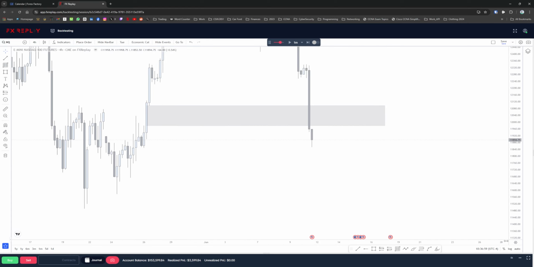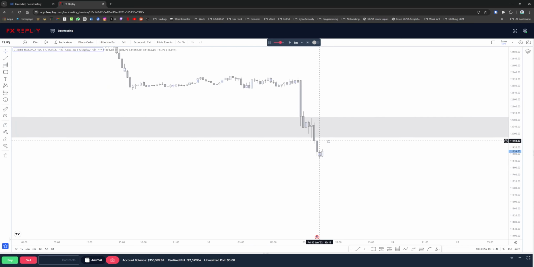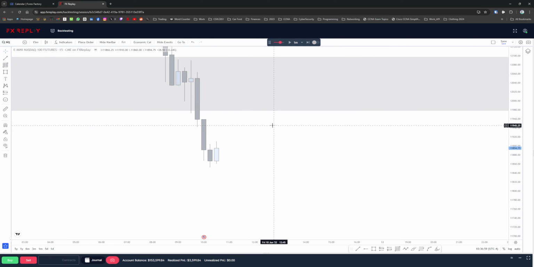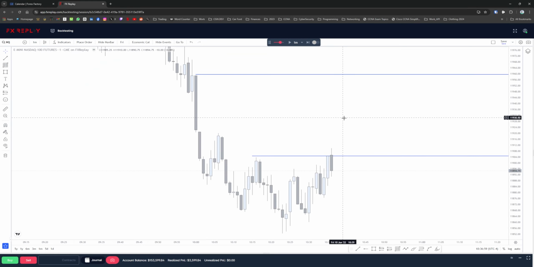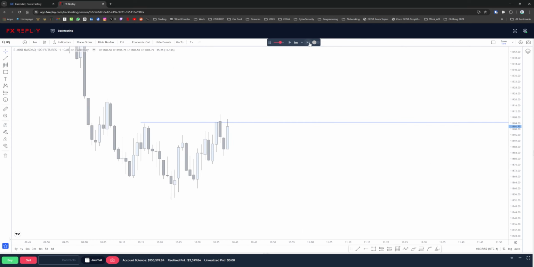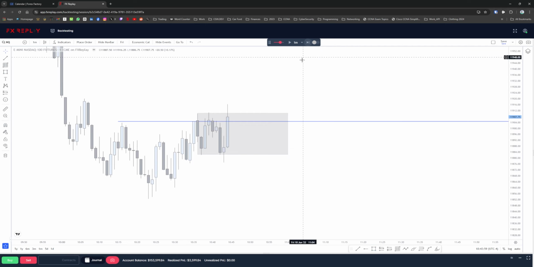There's nothing to redo here. I'd want to look for a 15-minute continuation short. We've got here. See what price does at these locations. Okay. Don't get closure below the breaker block here.